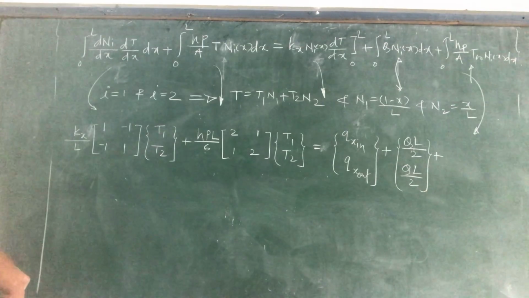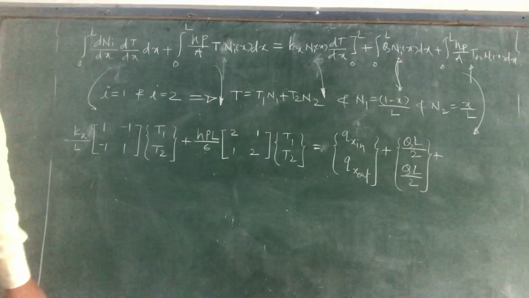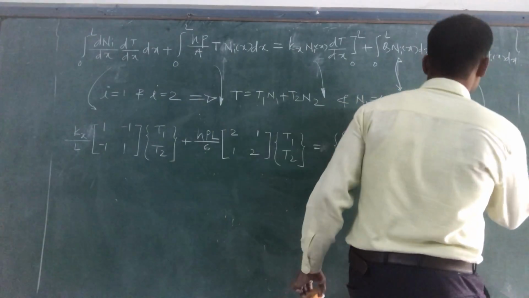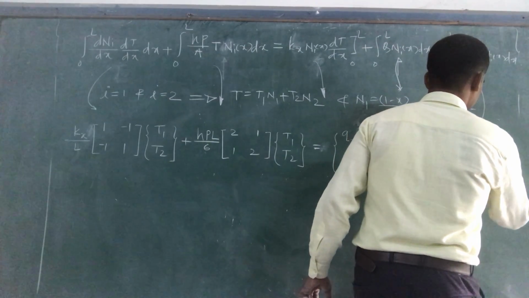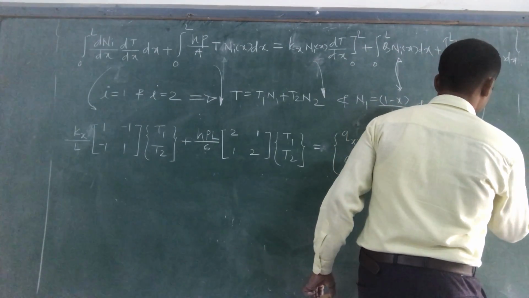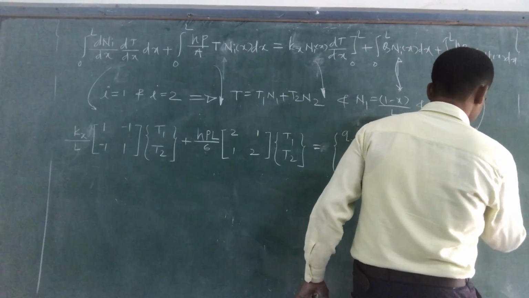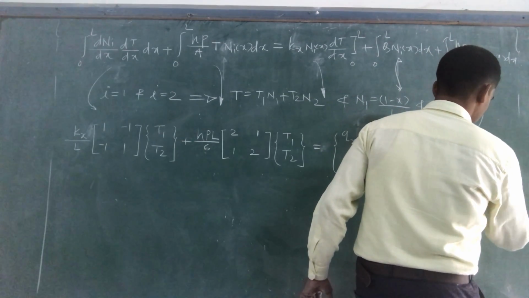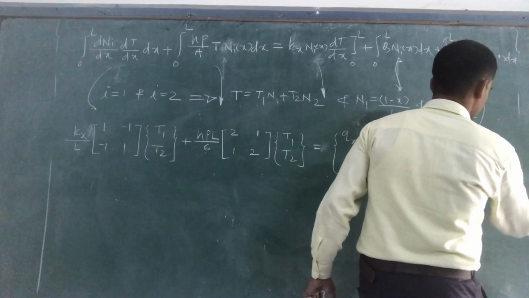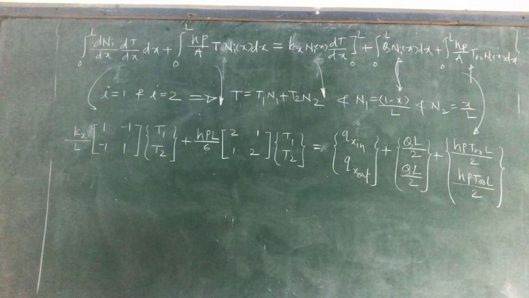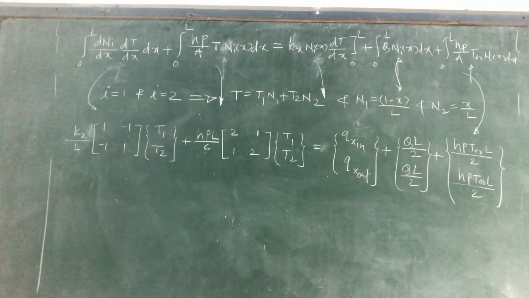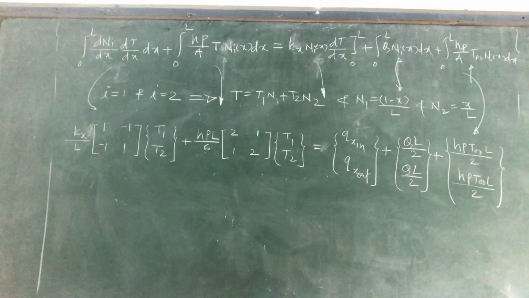Okay, so this is the elemental convection force vector, and it is given by H into P into T infinity into L divided by 2. Similarly, HP T infinity into L divided by 2. Okay, so in this way you will get HP T infinity L by 2 on each row.